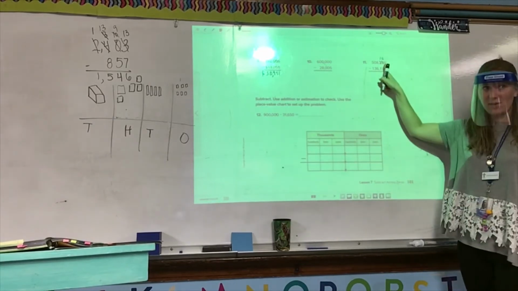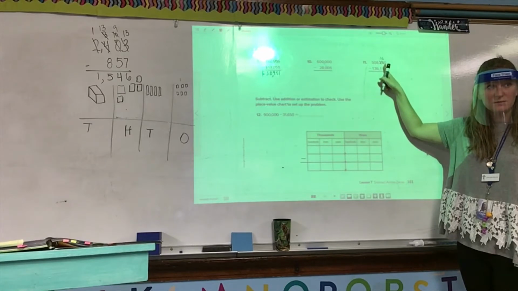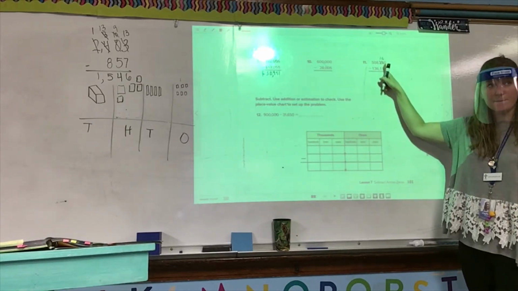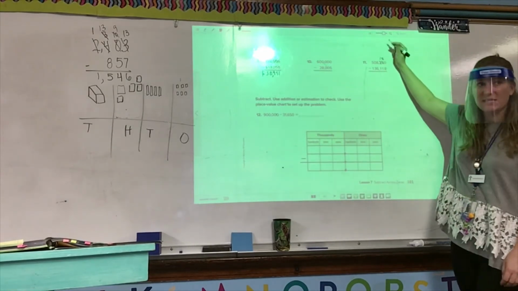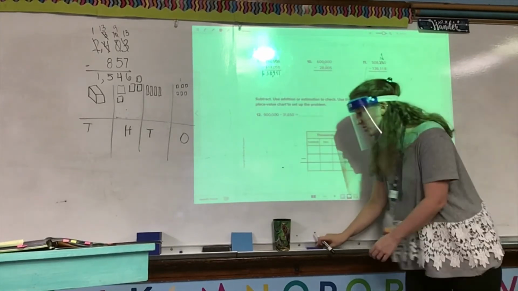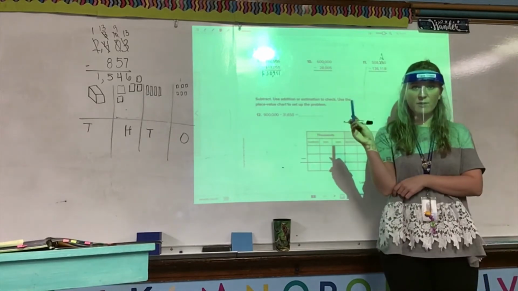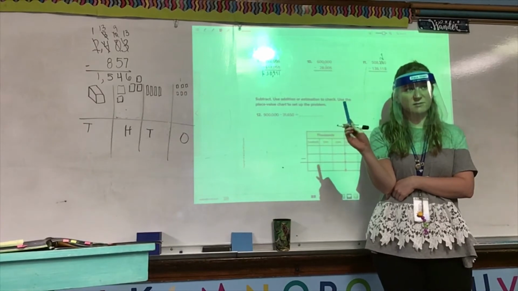But I still don't have any ones cubes to take away. So what do I do now? You take away 1. I take away one what? 10. I take away 1 10. So if I take 1 away, how many 10s do I have left? 9. And do I just give 1 to the ones place? Do I take this 1 10 rod and turn it into 1 ones cube? No. How many do I turn it into? 10.